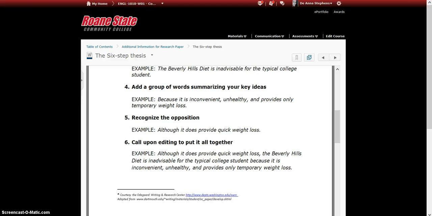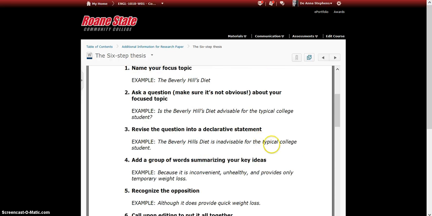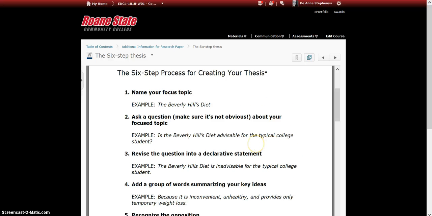Make sure that you're coming up with a solid position, not something that wavers back and forth, like, oh, it could be this, or it could be something else, or it's positive, but it's negative, okay? So don't do that. Make sure that you come up with a solid, unwavering statement that you believe in, that you will then go on to prove with the evidence that you've come across, okay?